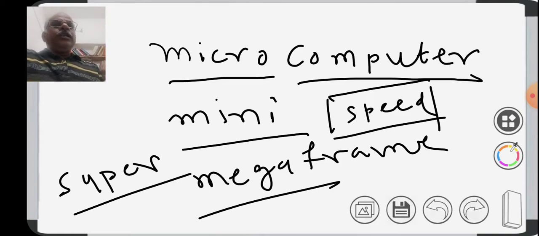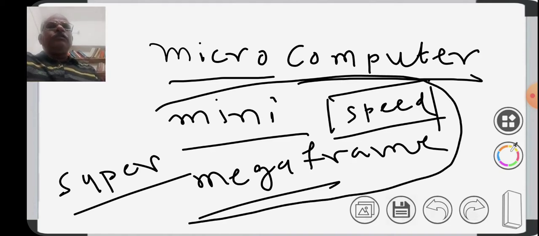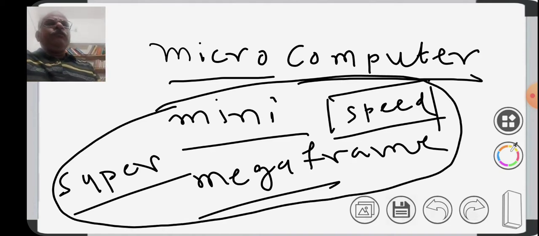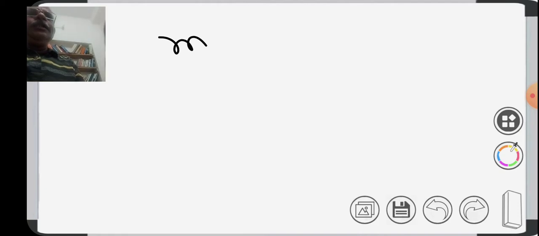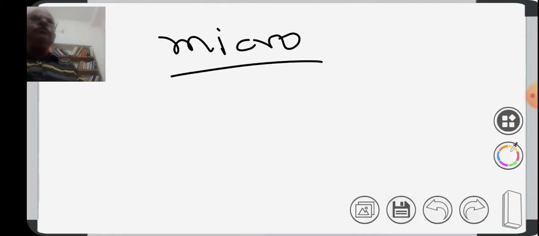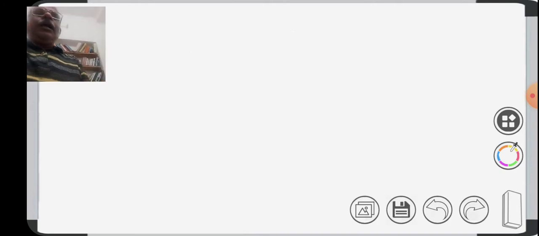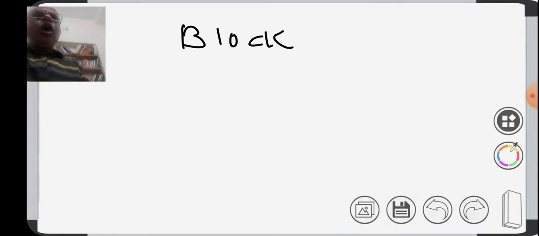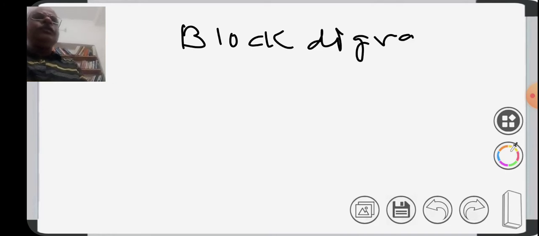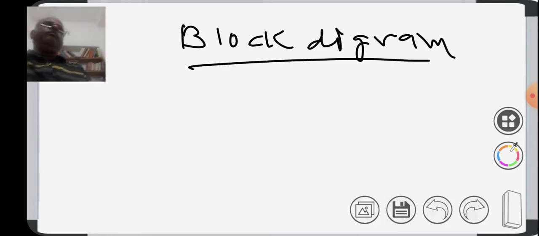We are not interested in the greater versions or the further versions of the computer. We will be discussing only the microcomputers, meaning the basic computer, the very initial structure of the computer, the different aspects of this computer, and that too the important thing, the block diagram of this microcomputer.